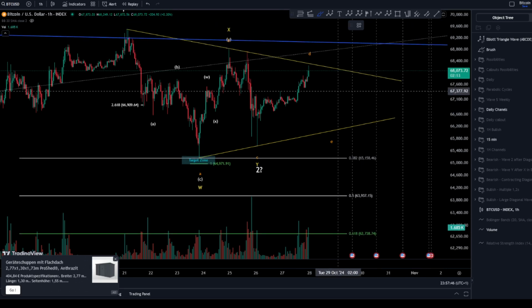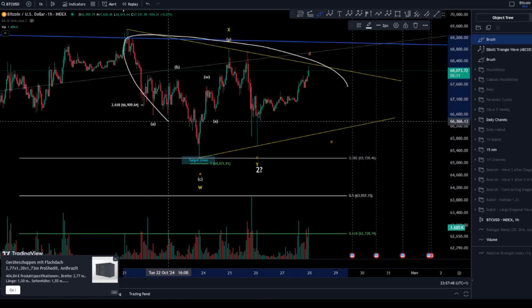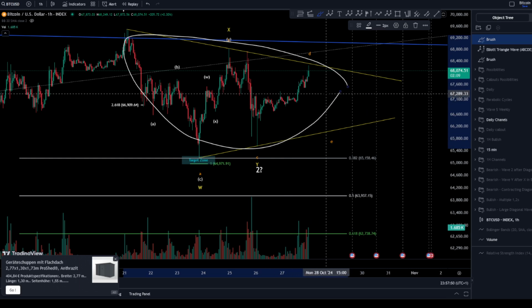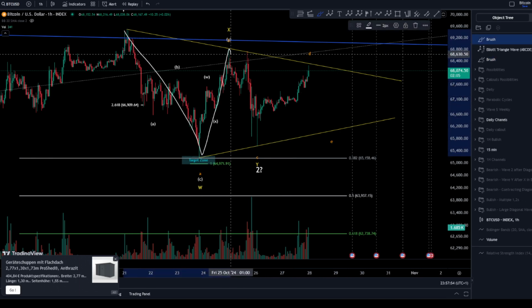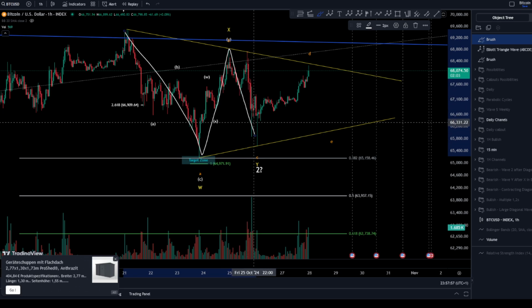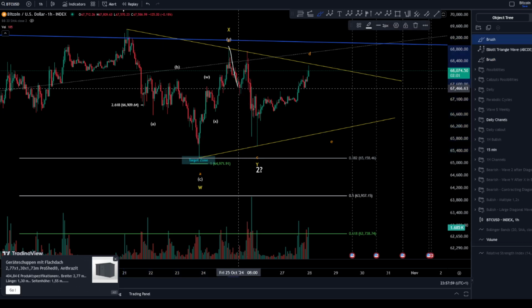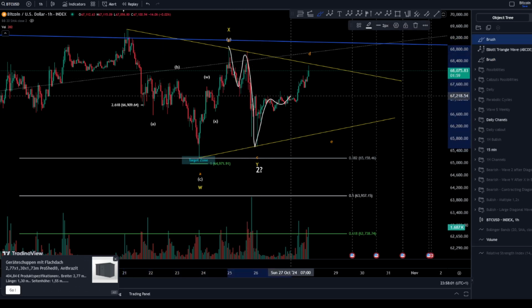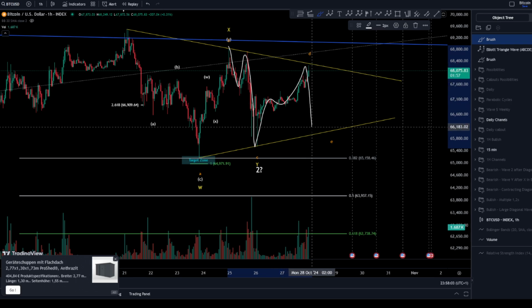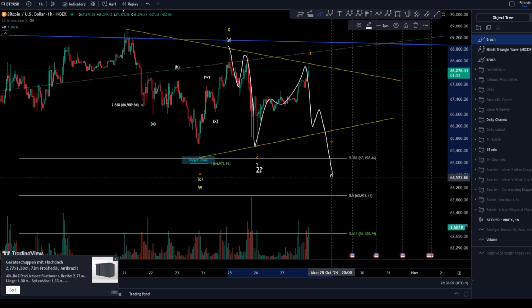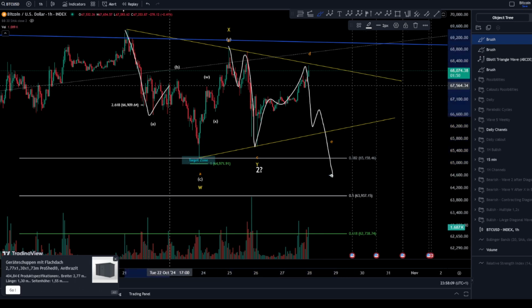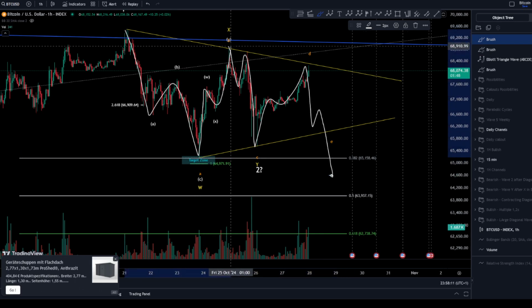Now, we got more confirmation that this might be a triangle. However, as we mentioned today in the analysis and in the deep analysis, we might also be looking at 3 waves down here, 3 waves up, and then one more zigzag towards the downside, where you are looking for another zigzag and another zigzag.